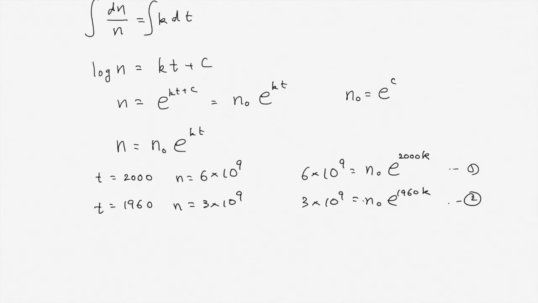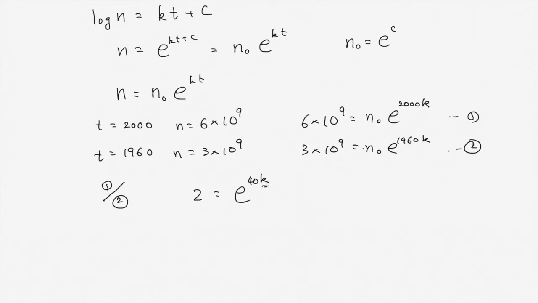If you consider the first equation over the second equation, the left-hand side is quite easy: 2 is equal to, n sub 0 is cancelled out, exponential 40k. So we have that the exponential of 40k is 2, and then you can remove the k. The original equation is n equals n sub 0 exponential kt.